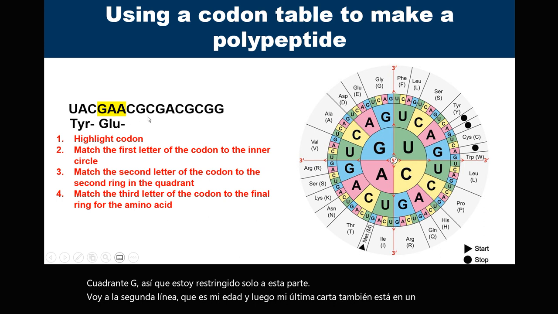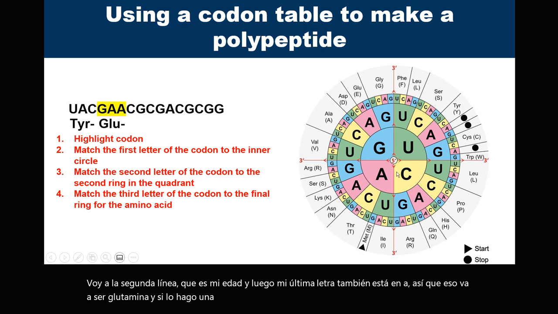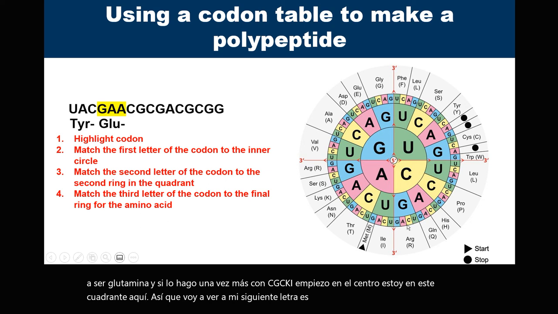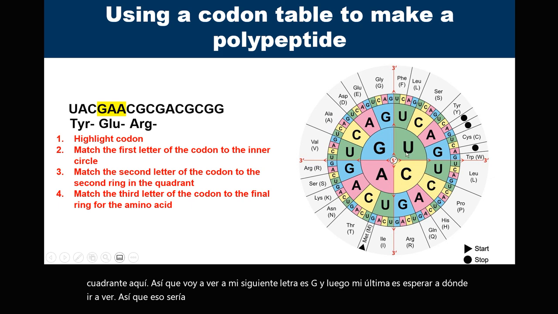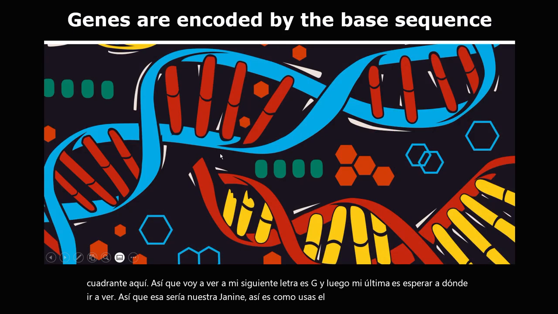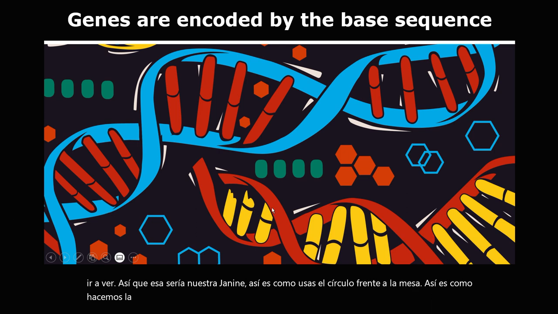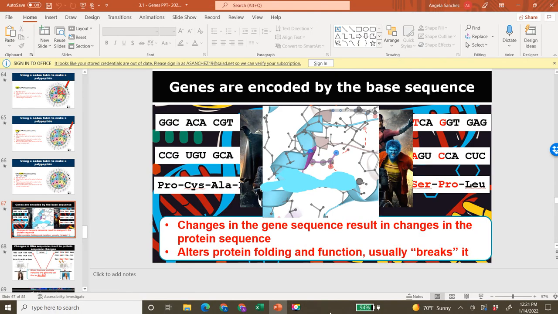And if I do it one more time with CGC, I start in the center, I'm in this quadrant here, so I go C, my next letter is G, and then my last one is C, so that would be arginine. So that's how you use the circle versus the table. So that's how we do transcription and translation, folks. And that's all she wrote.